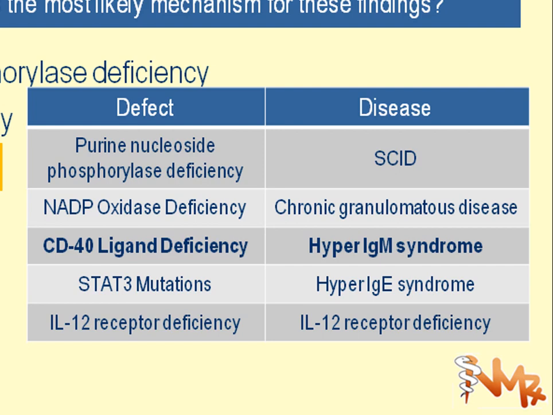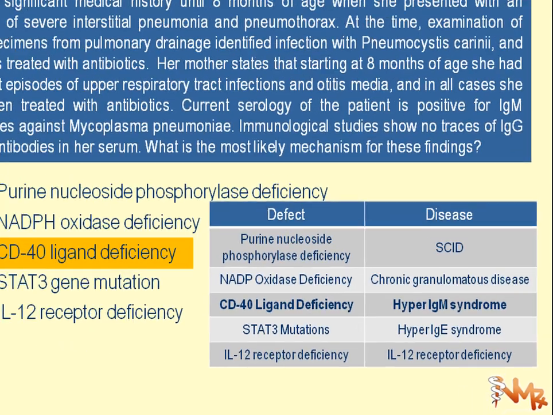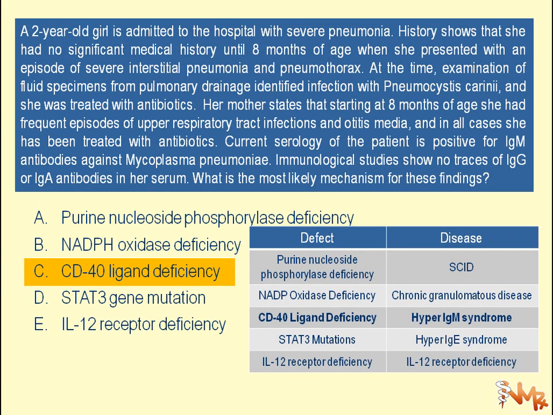The correct answer for this case scenario, CD40 ligand deficiency, is associated with hyper IgM syndrome. So this 2-year-old girl has hyper IgM syndrome. STAT3 mutation is associated with hyper IgE syndrome, and interleukin-12 receptor deficiency, of course, is associated with interleukin-12 deficiency.